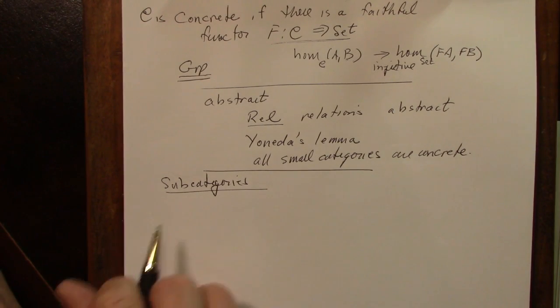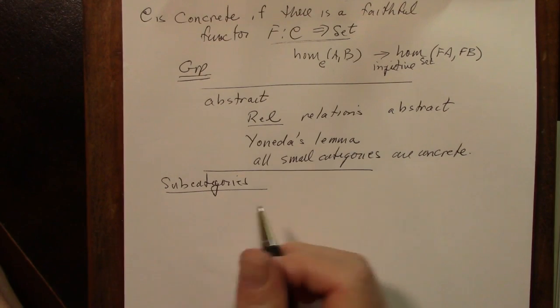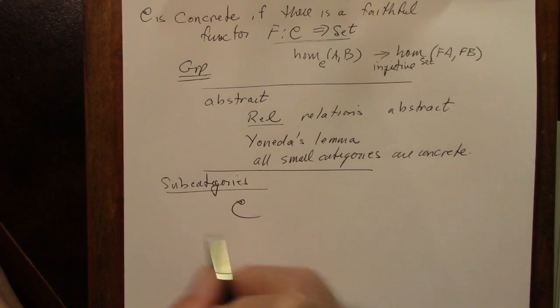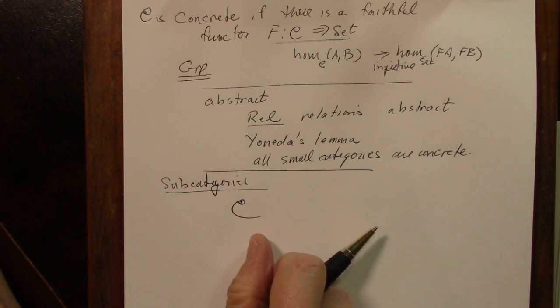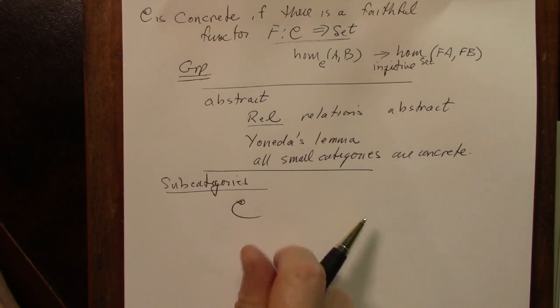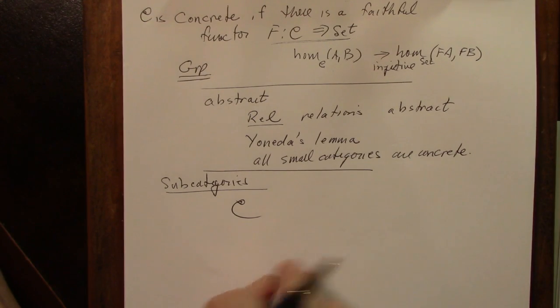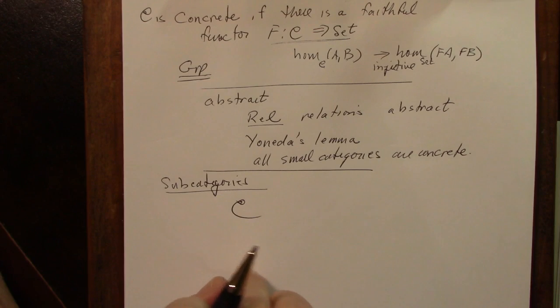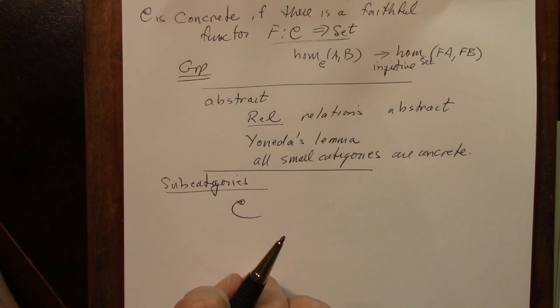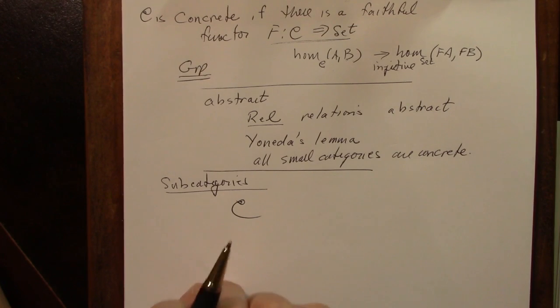The idea informally is that if we take a category C and we throw away some objects, and whenever we do that we have to throw away morphisms that either enter or leave those objects, we will get a smaller category.